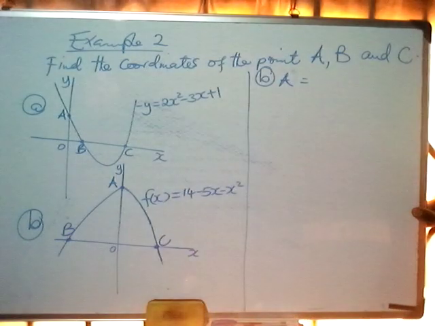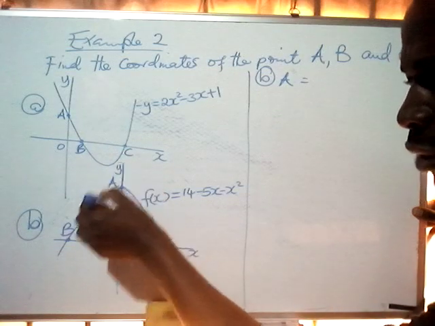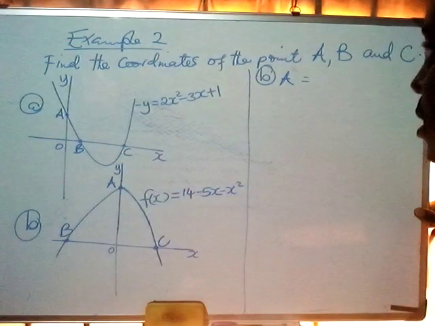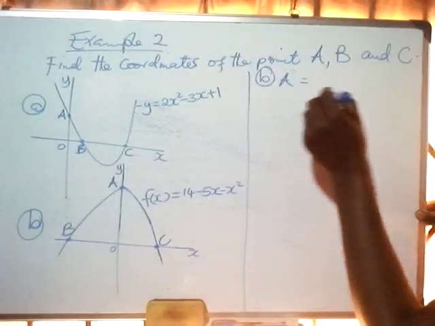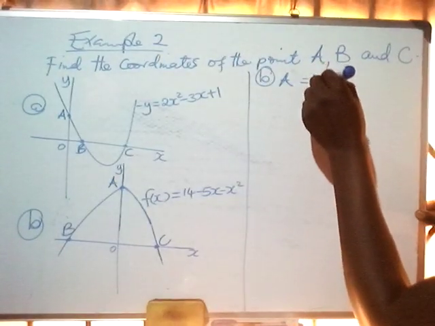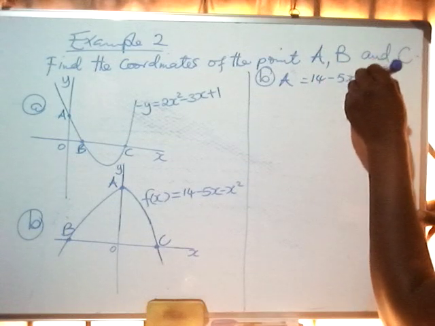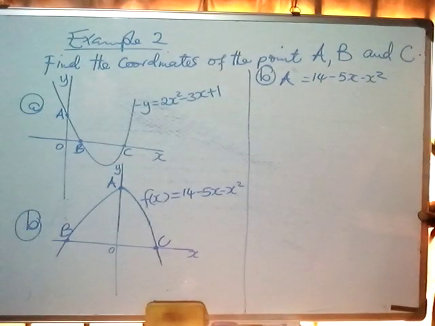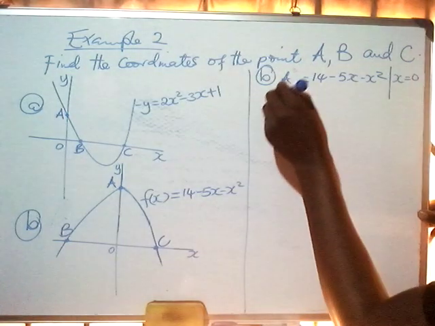So the value of A is the y-intercept, because this is the point where the curve is crossing the y-axis. So the value of A will be from the same equation, which is 14 minus 5x minus x squared. Where there is x, I'm going to replace it with 0.